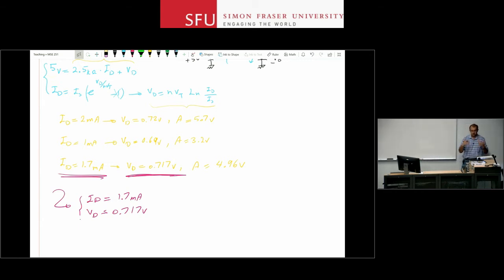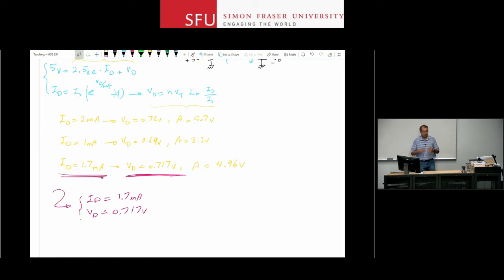It needs a little bit of, let's say, insight into these circuits and how big the next step should be. For example, over there we had 2 milliamp, 1 milliamp. The next one we could have chosen 1.5 milliamp, which is in the middle of those two. If it was a linear problem, that would probably be a good choice. But this is a nonlinear problem, and I would want to bring a little bit of that insight into my solutions as well.